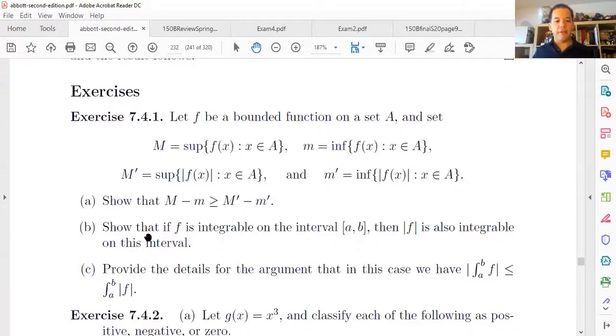And so the first part, A, says show that capital M minus little m is greater than or equal to capital M prime minus little m prime. Okay, it's an interesting inequality. Let's see if we can figure that out. And then show that if f is integrable on the interval [a, b], then the absolute value of f is also integrable on that same interval. That would be the thing after that. All right. So let's give it a try.